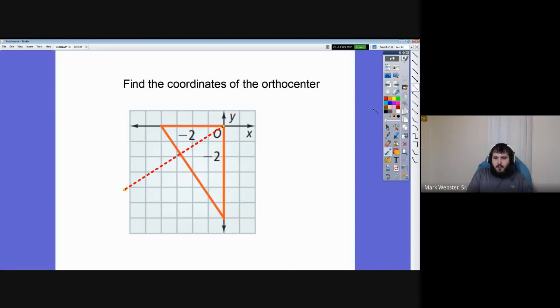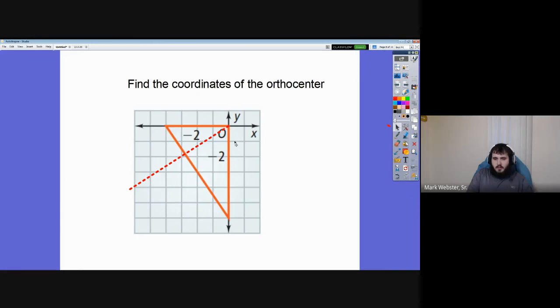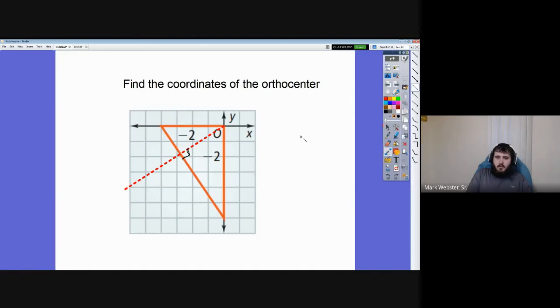So these had better be perpendicular. Right. And then from this corner, well, this is a vertical, so we just want a horizontal line. So that's going straight through here, like that.